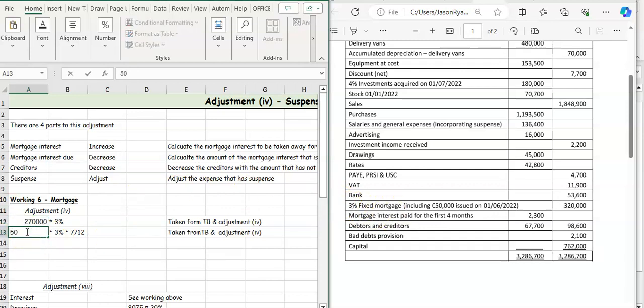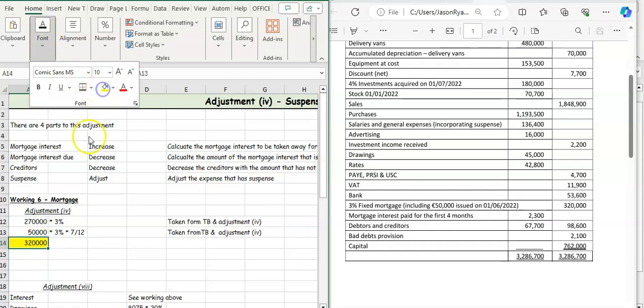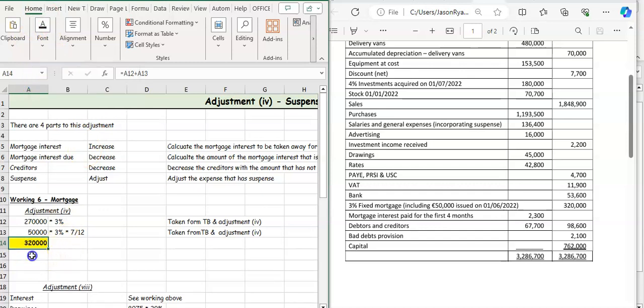Then I've got 5,000 of a new mortgage that I purchased on the 1st of the 6th. So I got 6, 7, 8, 9, 10, 11, 12. So that's going to be 7 12ths. Remember, these two added together should give you 320,000. And that 320,000 goes into your finance buy section in your balance sheet.